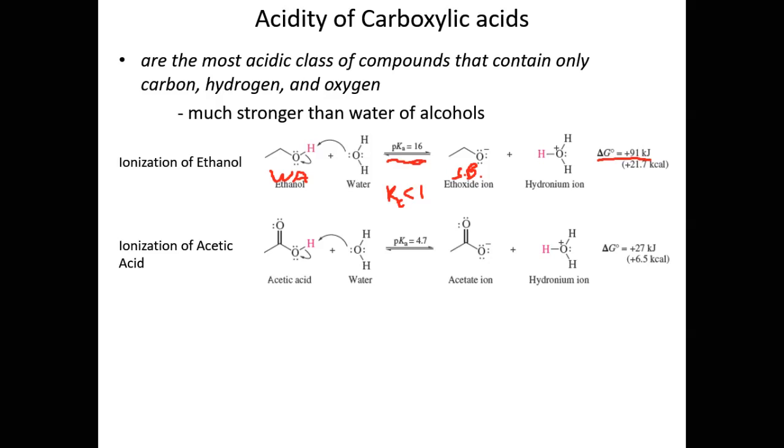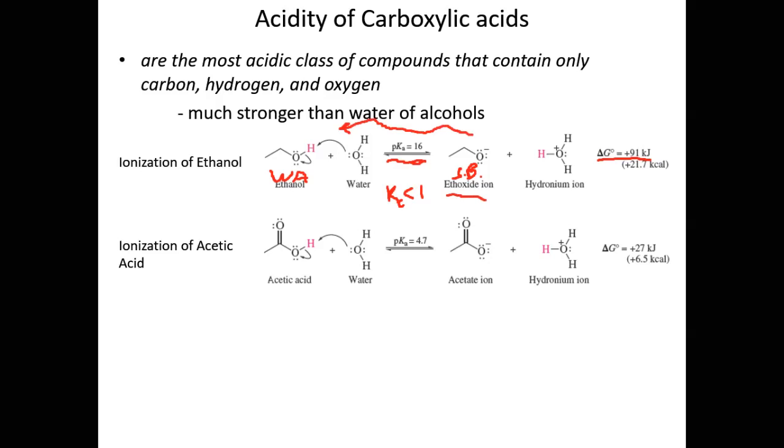A pKa of 16 means, since the pH scale only goes up to 14, that you're only going to ionize ethanol in very rare circumstances. Now, if you have ethoxide, it can scavenge for a proton and form ethanol. That's not a problem. Ethoxide is a very strong base. Remember, it always goes from strong to weak.